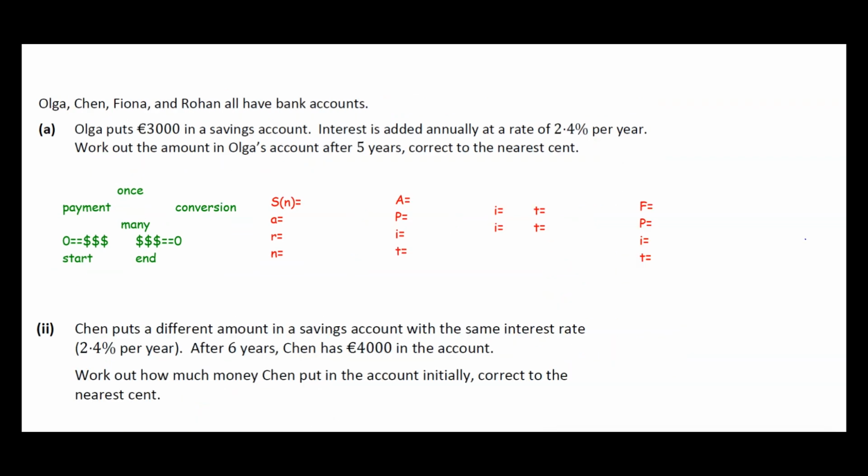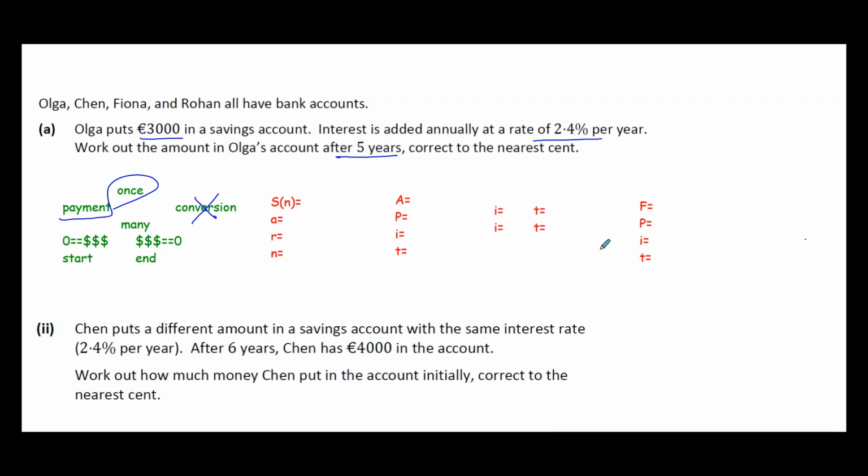So here we have Olga. Olga puts 3,000 into a savings account. Interest is added yearly, and we have to see how much she has after 5 years. So it's not about conversion. We have the interest. So the payment is a once-off, isn't it? Because she puts in the 3,000, doesn't add, and it stays there for a specific period of time.